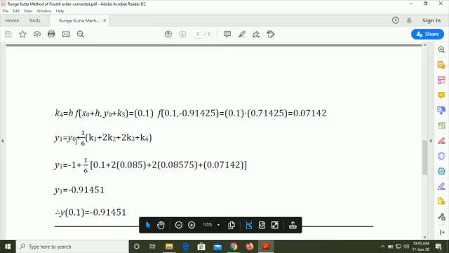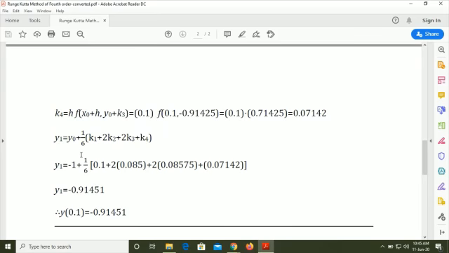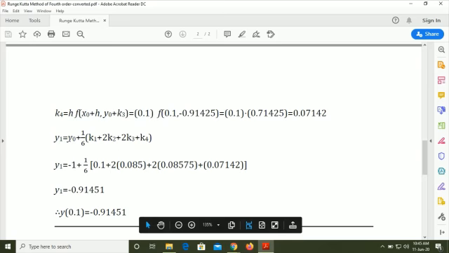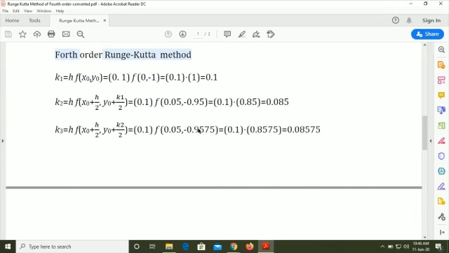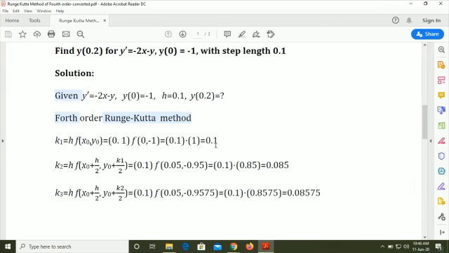y1 equal to y naught plus 1 by 6 into k1 plus 2k2 plus 2k3 plus k4. That is y naught is minus 1 plus 1 by 6 into k1 is 0.1.